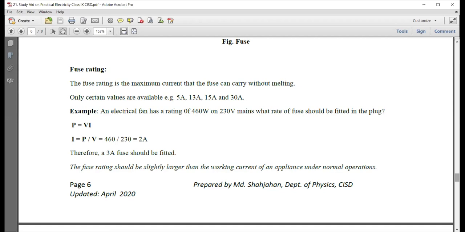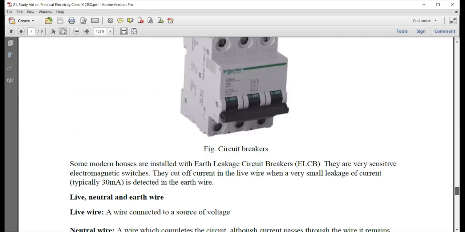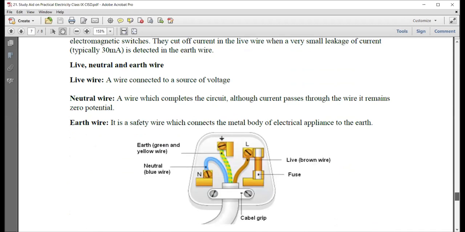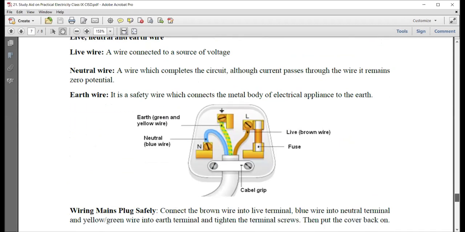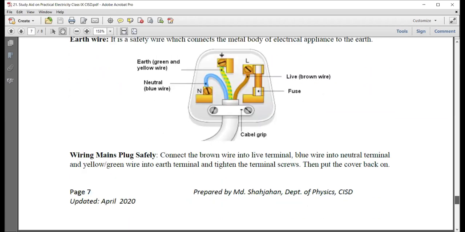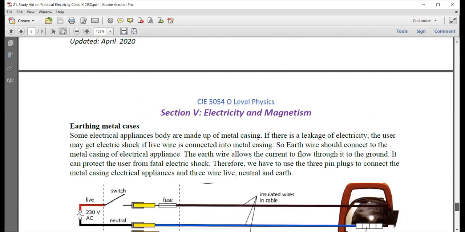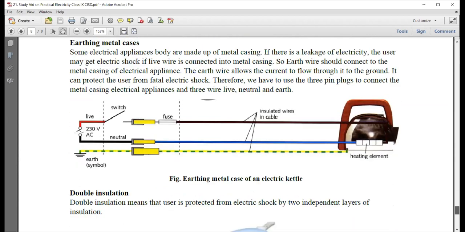You should go through the notes, sir. Everything is available in the notes. If you just go through, you will see circuit breakers, then live wire, neutral wire, earth wire, which we discussed yesterday. These are available here. Wiring a mains plug safely, then earthing metal cases.